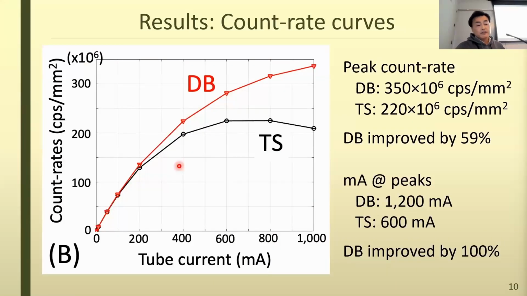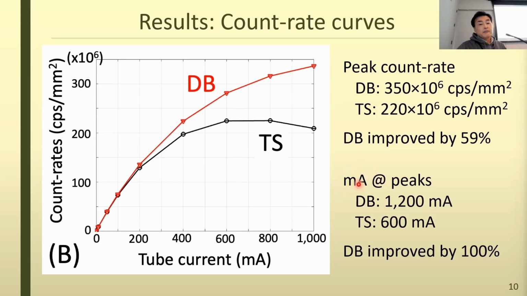So let's use it. This is the first result, the count rate curve. You can see that the direct binning, dB, goes to a higher count rate compared to the threshold subtraction scheme, which saturates here and goes down. If we compare the peak count rates, the dB goes to 350 million counts per second per square millimeter, which is about 59% higher than the TS scheme.